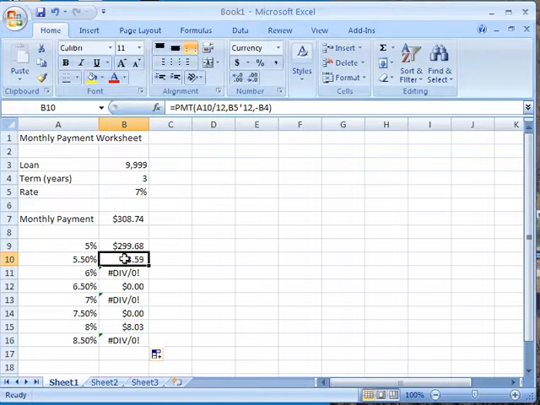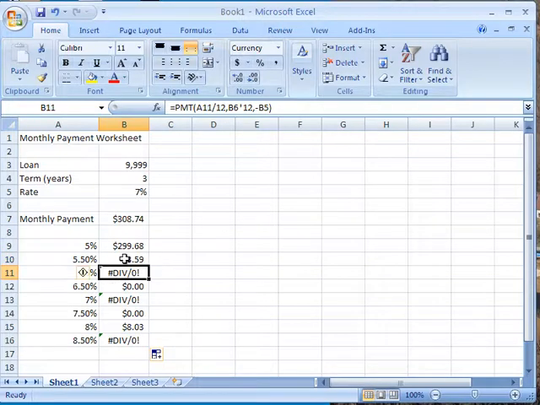The correct response is, go take a look at one of the bad formulas and see what it did. So if we look at the formula here for the 5.5%, the rate is A10. Well, that's correct. But the term is in B5. Oh, that's not correct. And the loan amount is in B4.